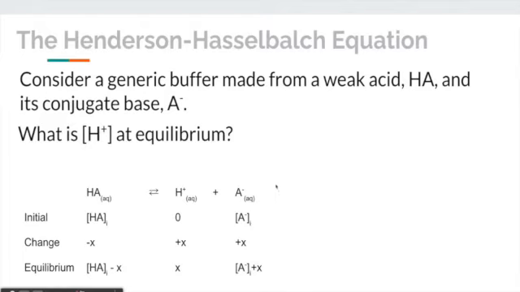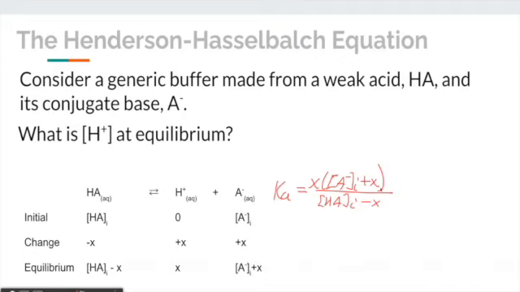So here's what we know. We know that Ka, in terms of this chart, is going to be equal to X times the concentration of A-, the conjugate base initial, plus X, divided by the concentration of HA, the weak acid initial, minus X. Now, Ka is always going to be very small because these are weak acids that we're talking about.